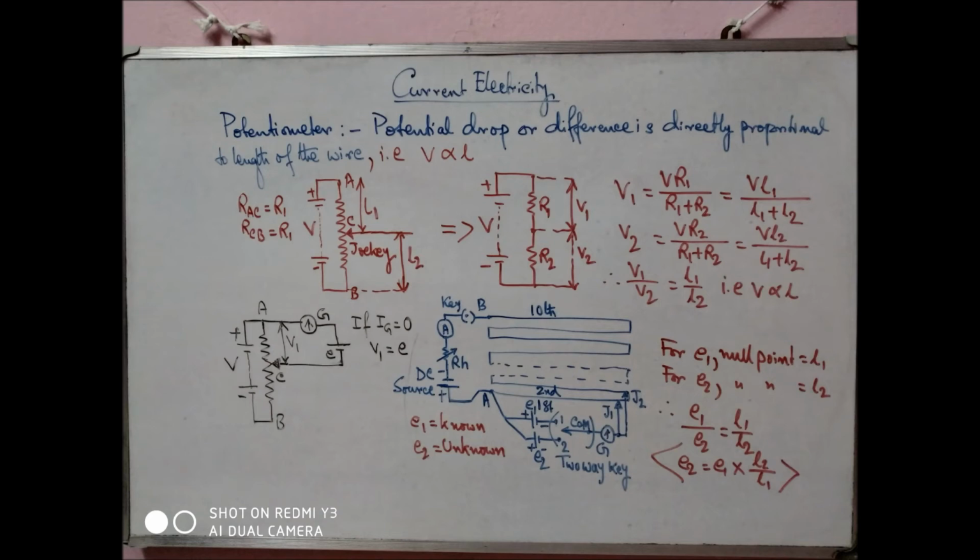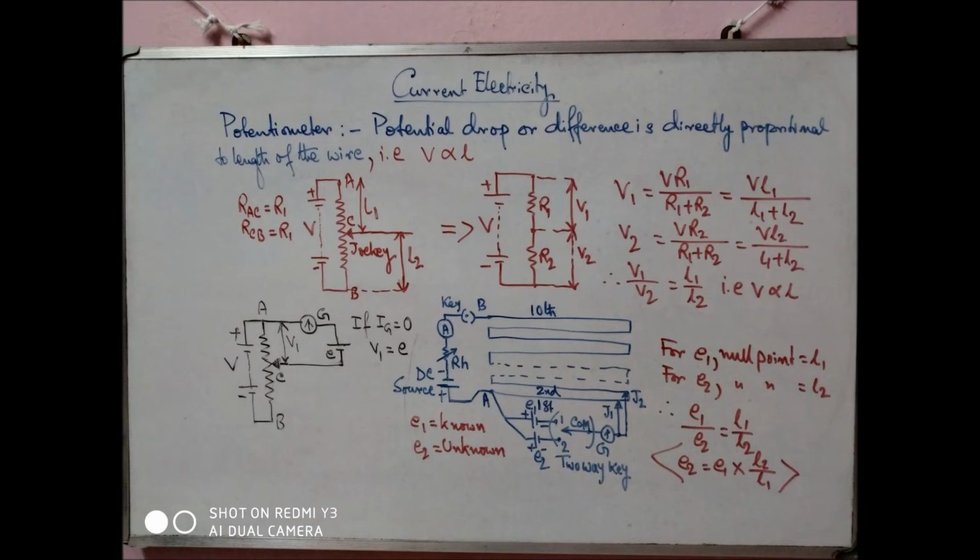Now there is a total resistance of this 10 meter wire. Whenever we move the variable point, that is known as the jockey, because the two terminals of this 10 meter long wire are fixed, but the variable point is the jockey.